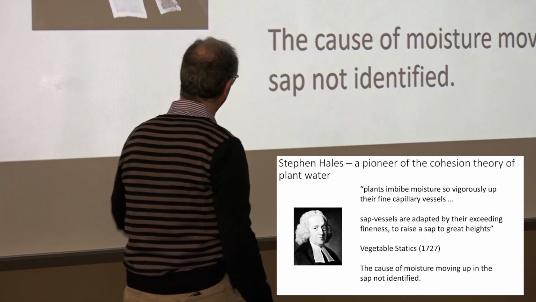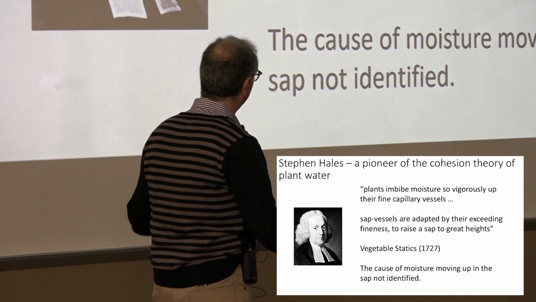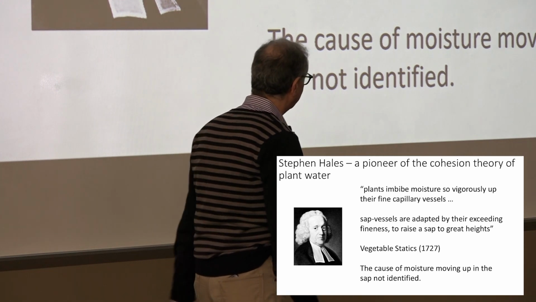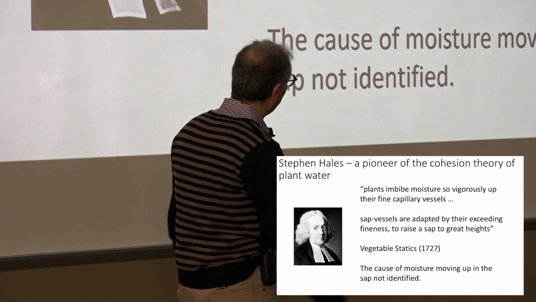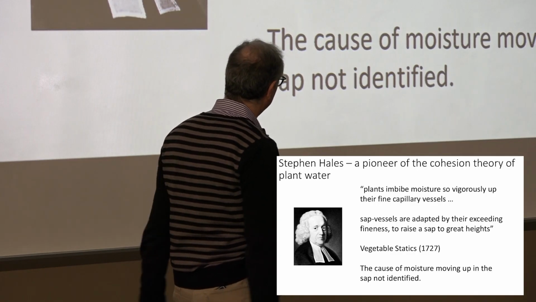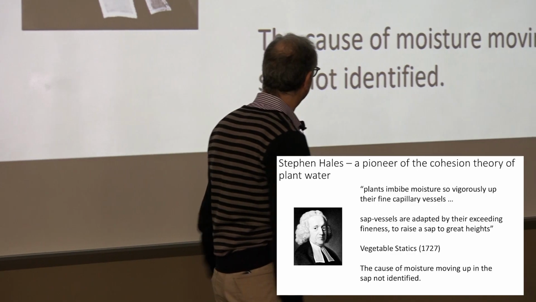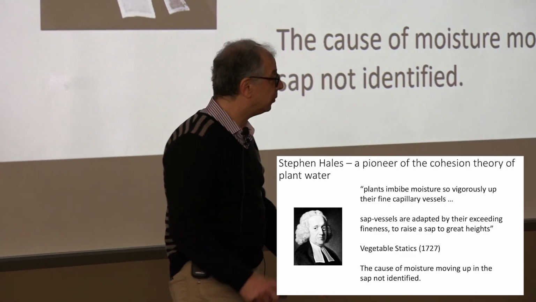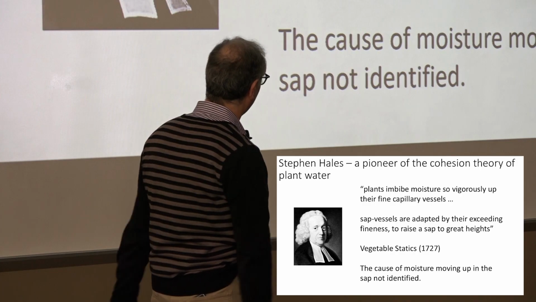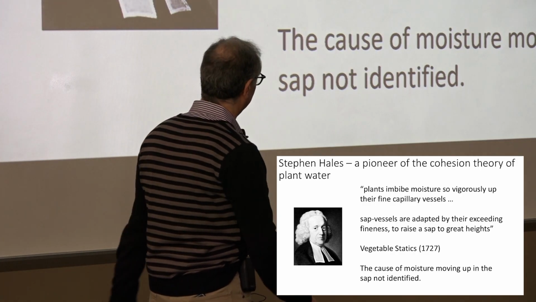And his statement was that, this is observational. Again, he didn't provide any mechanism that quantifies why moisture would move upwards. He was not able to do that. But this was an important observation in vegetable statics in 1727 that then allowed us to start digging deeper into what is happening inside the plant in terms of water movement.